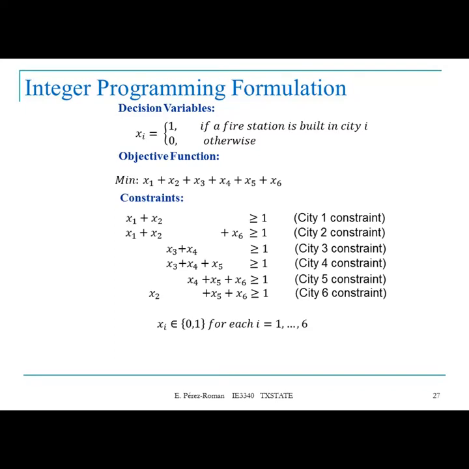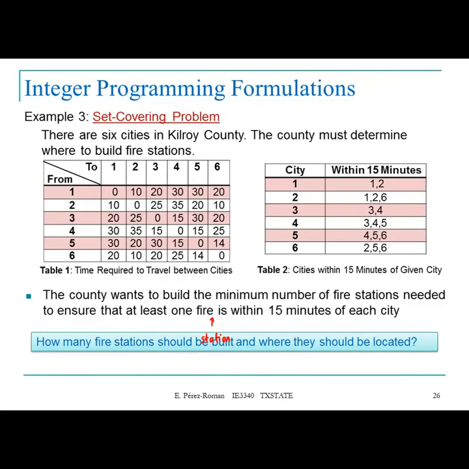So, constraints. In these constraints, we are using the information from here. So we know that to cover city 1, you have to place a fire station in one of these two cities, because those are the two cities that can reach city 1 in less than 15 minutes.